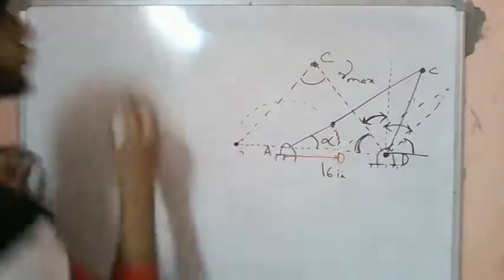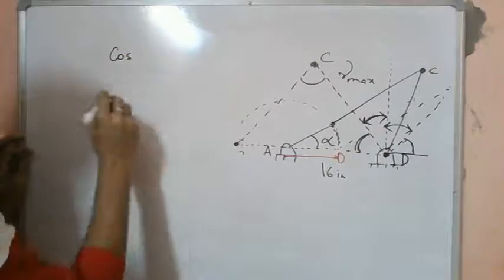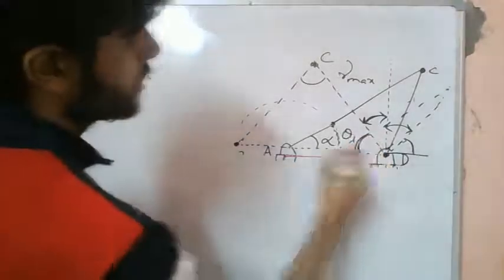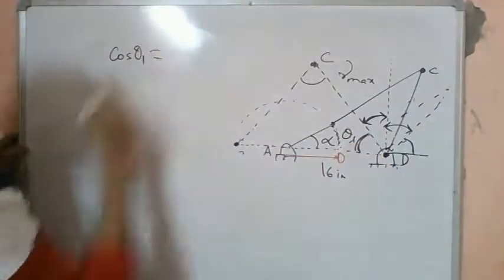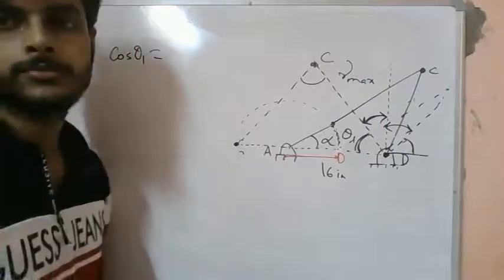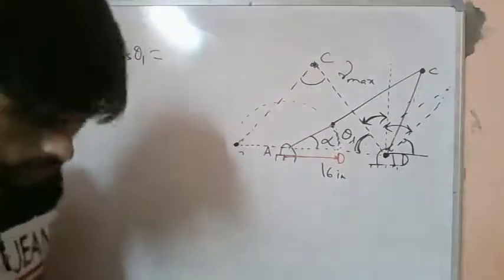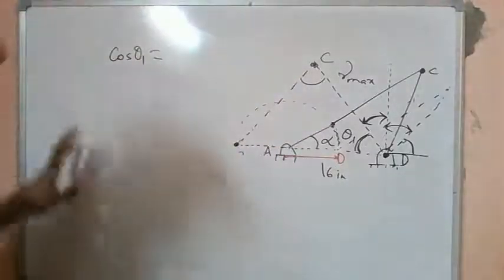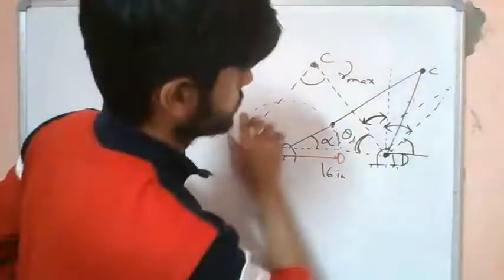Okay, so we will first try to find out this angle. This can be found out again from the cosine formula. Let's say this one is θ1. Let's just draw a fresh diagram so that it is easily understood.